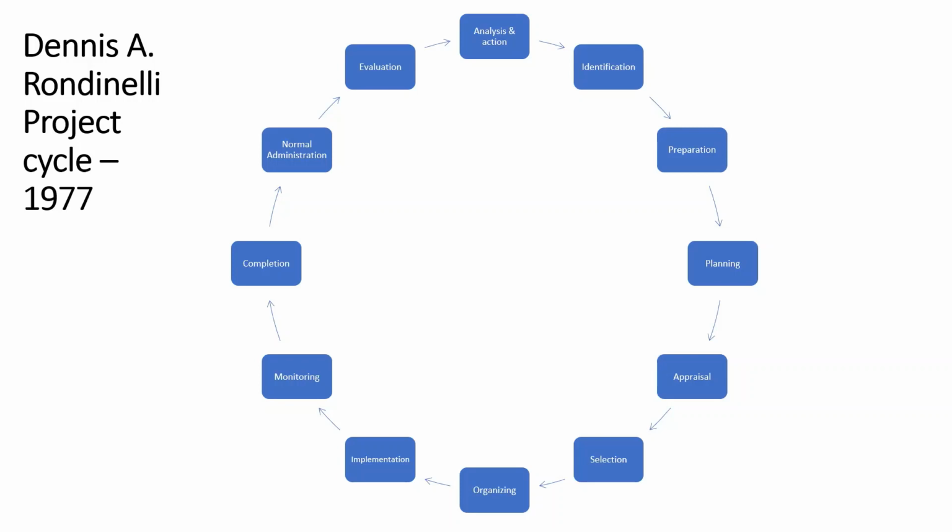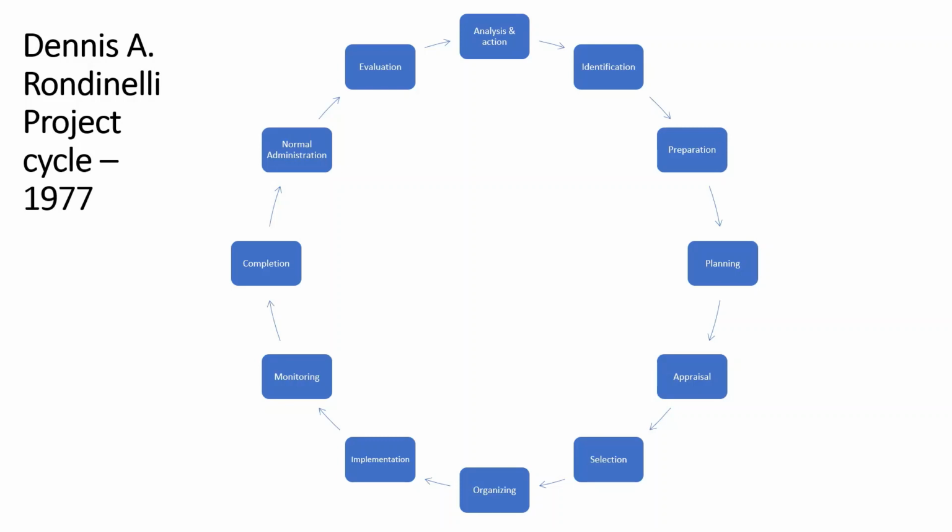And fourth, appraisal. It is the process of assessing in a structured way whether to proceed with the project. And fifth, selection. Here, the process is to assess each project idea and select the project with the highest priority.